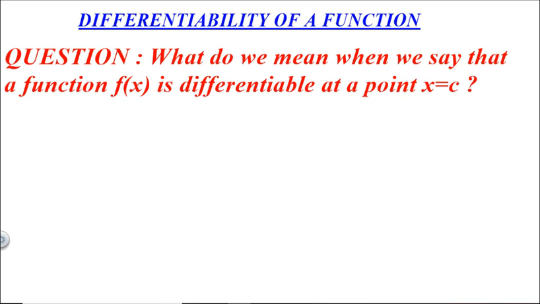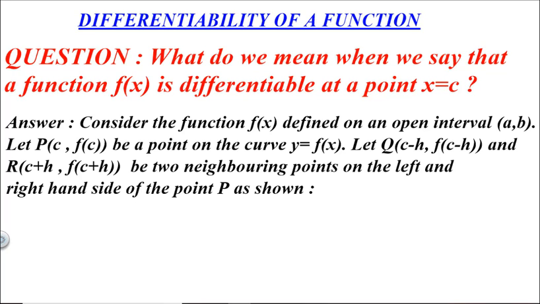Right. So what was the discussion? Let me now first revise what we have done. I was telling you the differentiability of a function. For that, the question that comes to our mind is, what do we mean when we say that a function is differentiable at a point x equals c? So we took a curve y equals f of x, on which we took 3 points. P is (c, f(c)), and in the neighborhood of point P we took point Q and point R, and we have drawn the graph according to that.